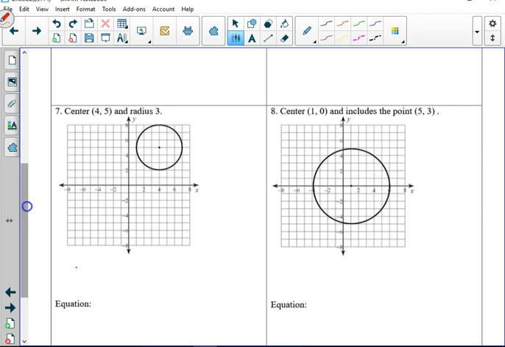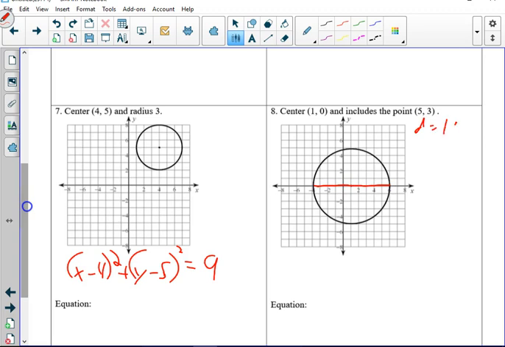Everything's pretty much given to us here. x minus 4 squared plus y minus 5 squared equals the radius squared. This one's nice because we can just count. 1, 2, 3, 4, 5, 6, 7, 8, 9, 10.